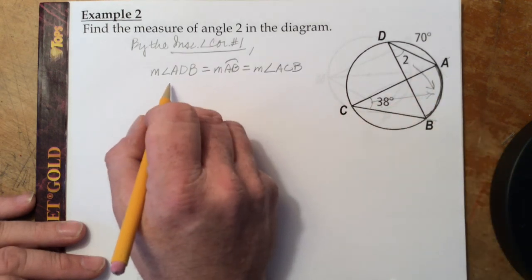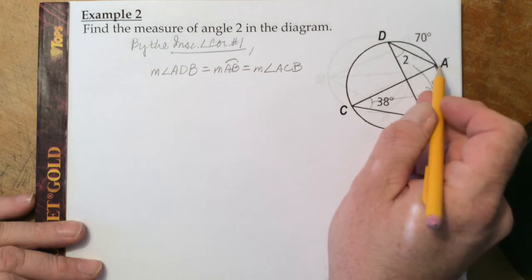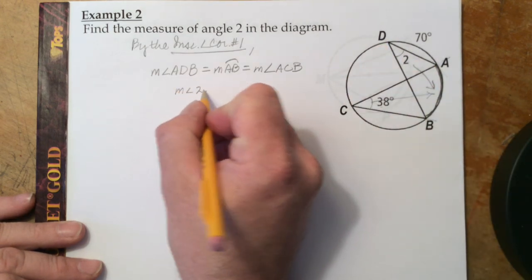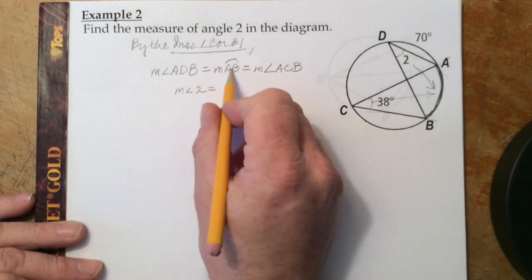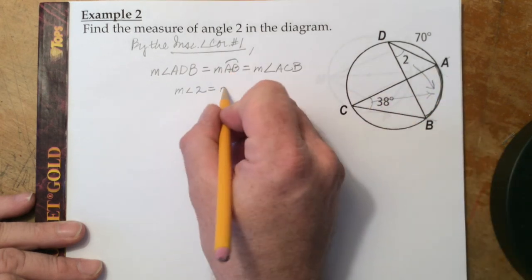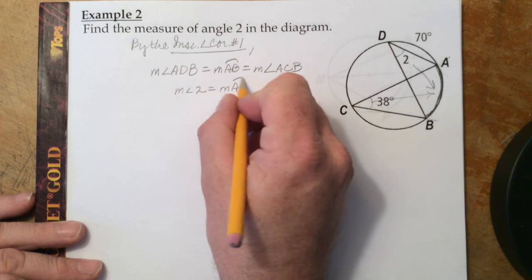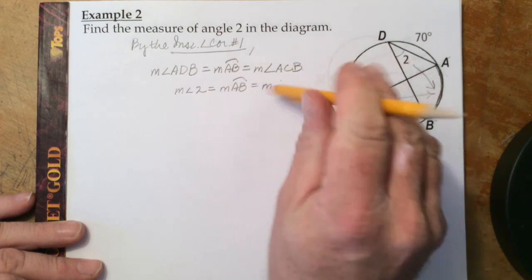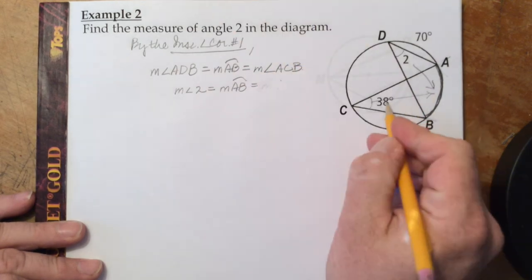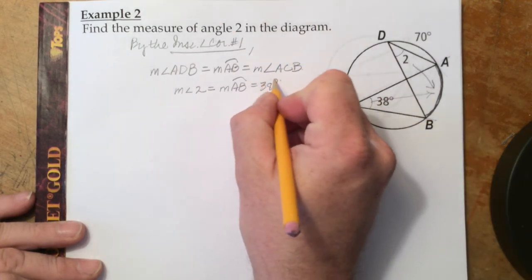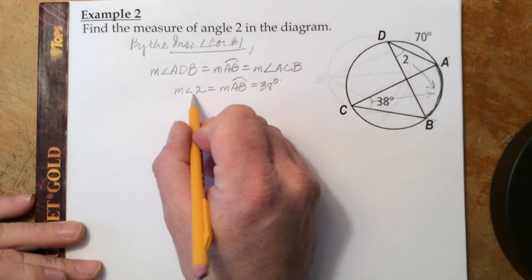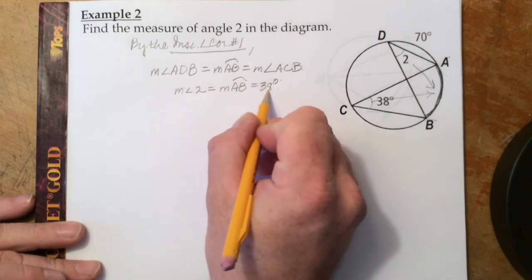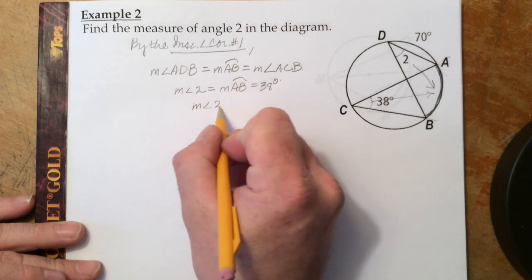And so substituting on what we know, the measure of angle ADB is really the measure of angle 2. The measure of arc AB, we don't know what that is, but whatever it is, we know it's equal to the measure of angle ACB, which is 38 degrees. So by the transitive property, if the measure of angle 2 equals the measure of arc AB, and the measure of arc AB equals 38, then the measure of angle 2 has to equal 38.